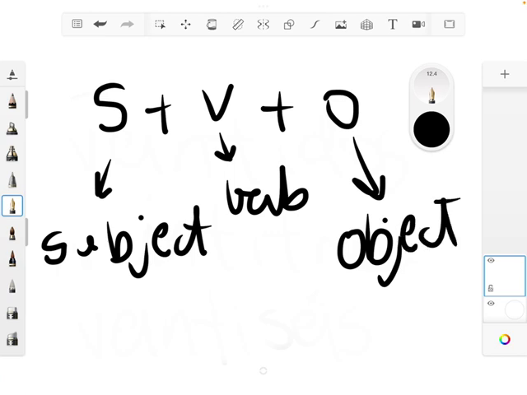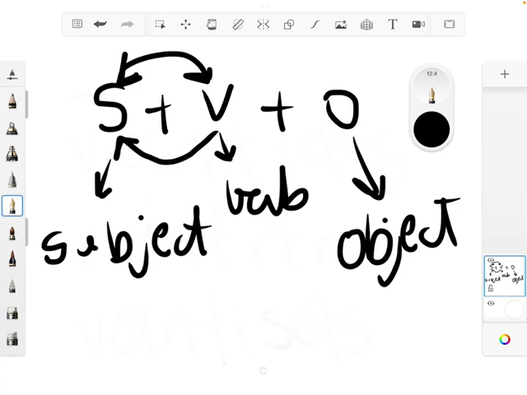We'll talk more about that later on, not so much right now. So the subject and the verb have a very clearly defined relationship, because the verb is going to be dependent in a lot of ways on what the subject is.